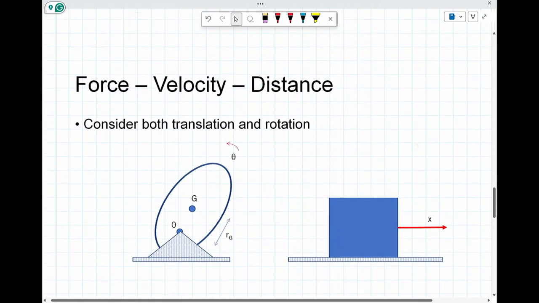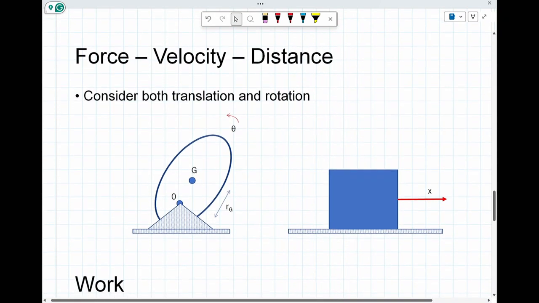A reminder that this is force, velocity, and distance. So if you're looking for a way to prepare yourself for the final exam, which at this point is about 4 weeks and 1 day down the road, you're going to have to recognize what the problems are.